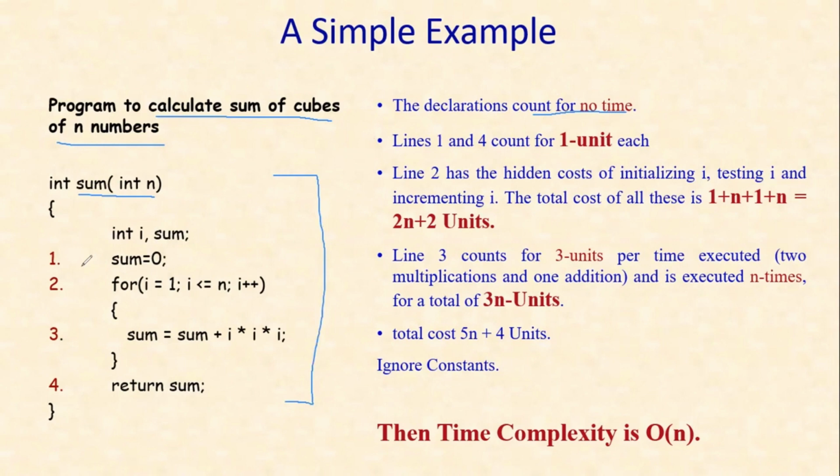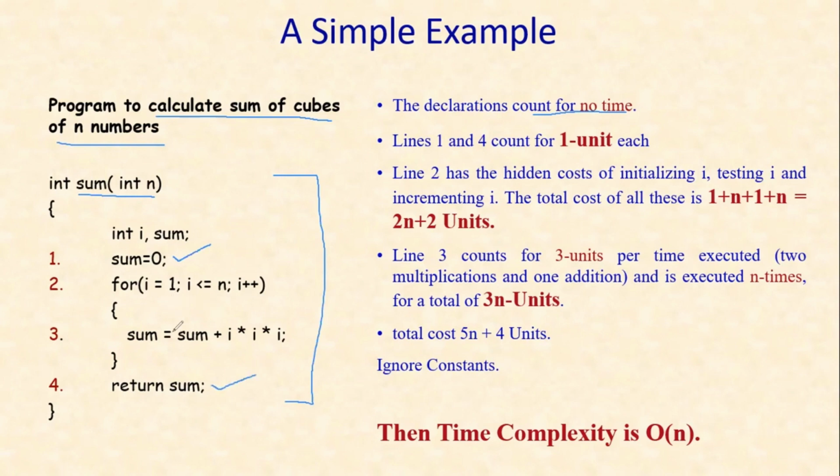So every sequential statement will take 1 unit of time for execution. Here sum = 0 is a sequential statement, so it will take 1 unit of time. And the 4th line, return sum, will take 1 unit of time.